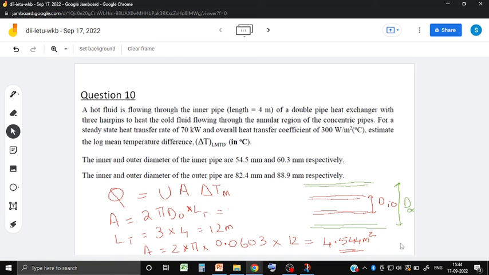The overall heat transfer coefficient U is given as 300 watt per meter square Kelvin. And the area is 4.544. On solving this, we will get delta T mean as.